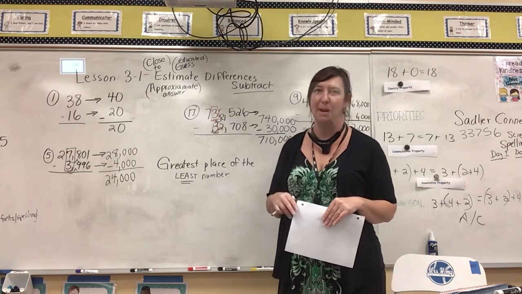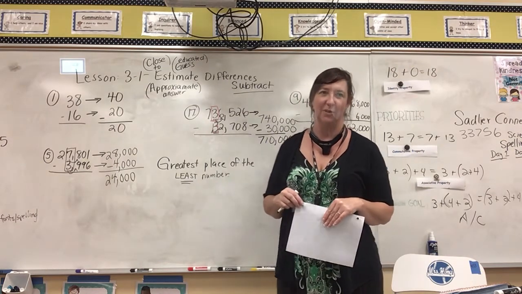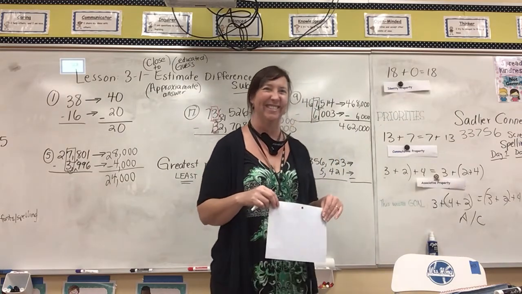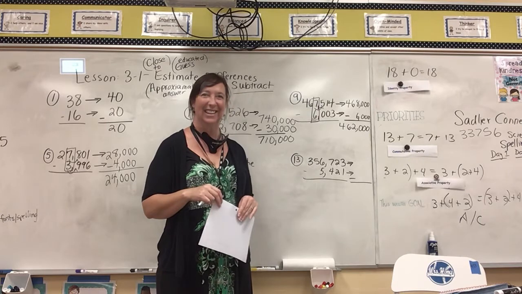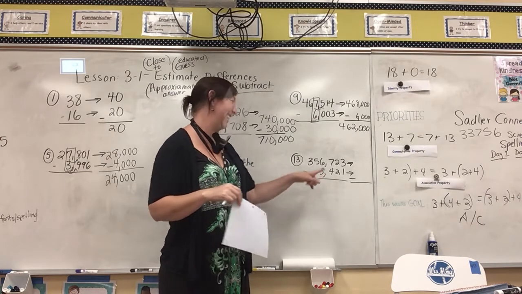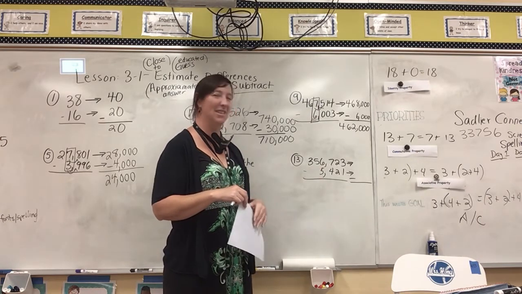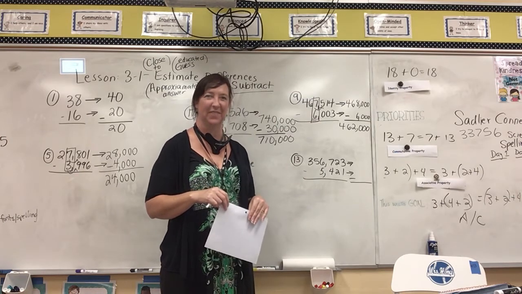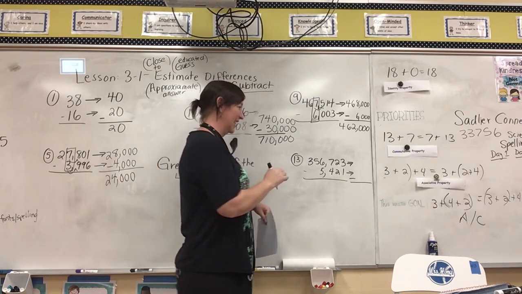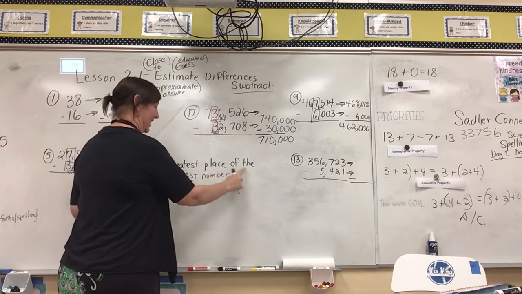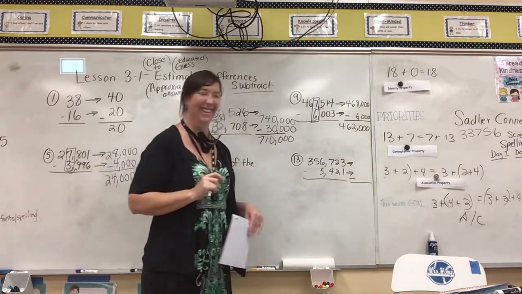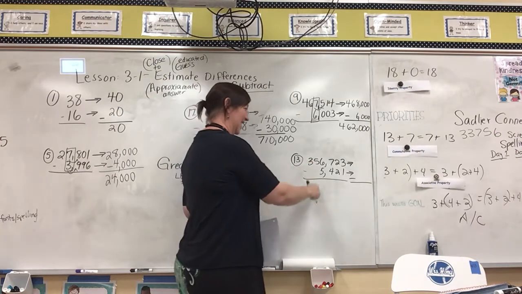All right, so the last problem we're going to do together, JJ's going to tackle for me. Are you ready, JJ? Sure. Okay, it's this one here. Ready? Okay, so what's the first thing I'm going to do? You're going to find the biggest number and the greatest place of the least number, which would be in thousands.